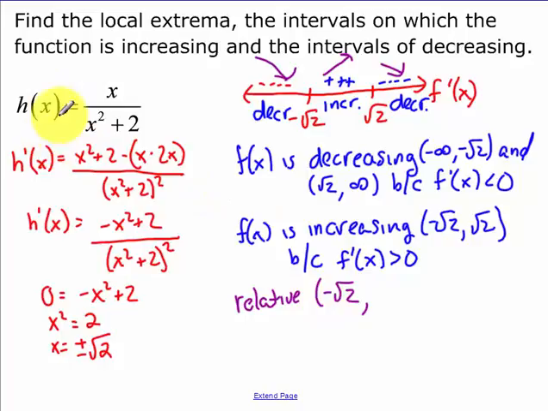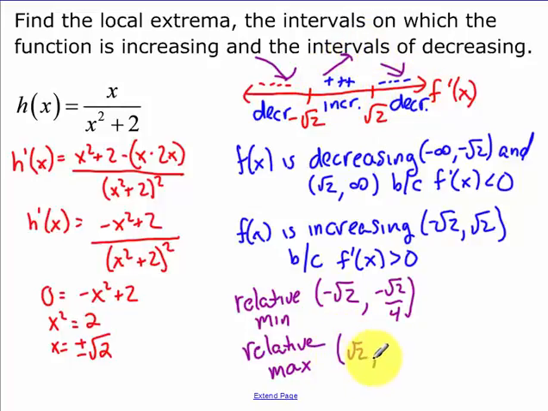Plugging that back into the original, we get -√2 over 4 out of that. And then we have a relative max when I go from increasing to decreasing at √2, and again plugging √2 back into your original, we have √2, also over 4. This is the positive version.